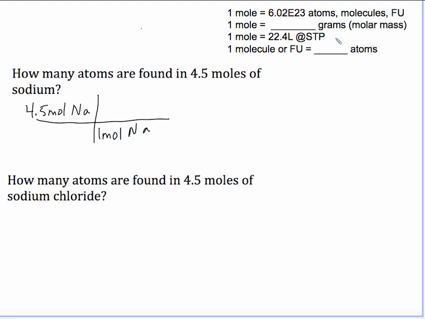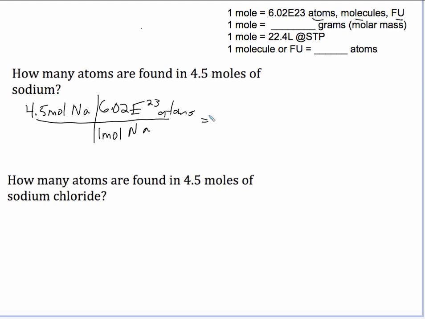We have to label sodium: is it an atom, a molecule, or a formula unit? To be a molecule or a formula unit, it has to be a collection of atoms, and sodium's not. It's just one atom. So sodium is an atom, and we put 6.02 e to the 23rd atoms up here. And that problem is done.